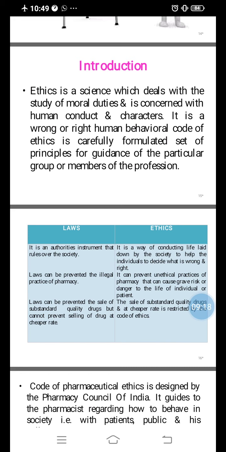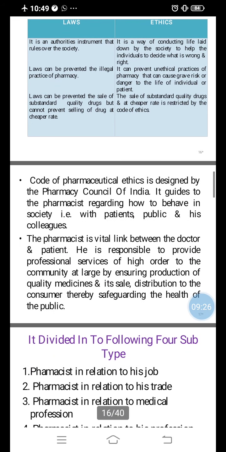The Code of Ethics carefully formulates a set of principles and guidance for a particular group of members in the profession. The Code of Pharmaceutical Ethics is designed by the Pharmacy Council of India. It guides the pharmacist regarding how to behave in society, that is, with the patient, public and his colleagues.